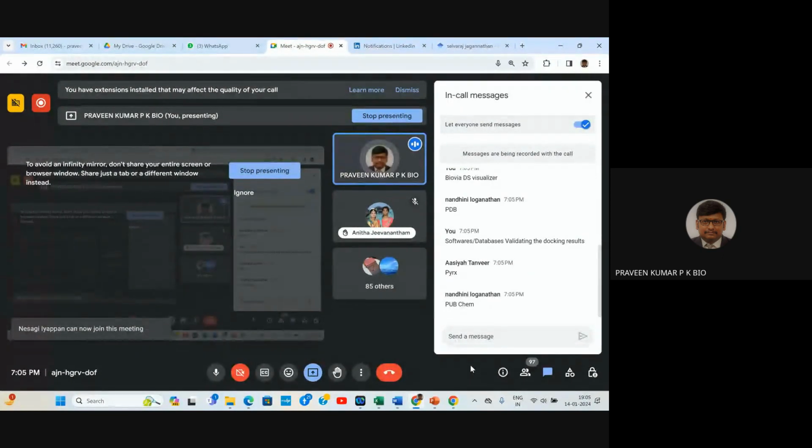I told you that we can validate the docking results using PDBsum. You remember? I told you we can use PDBsum, and also we can validate the docking results by docking with control ligands.